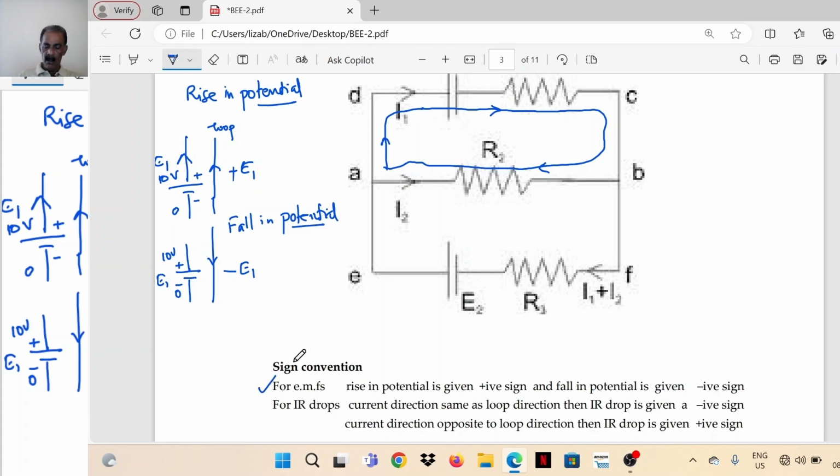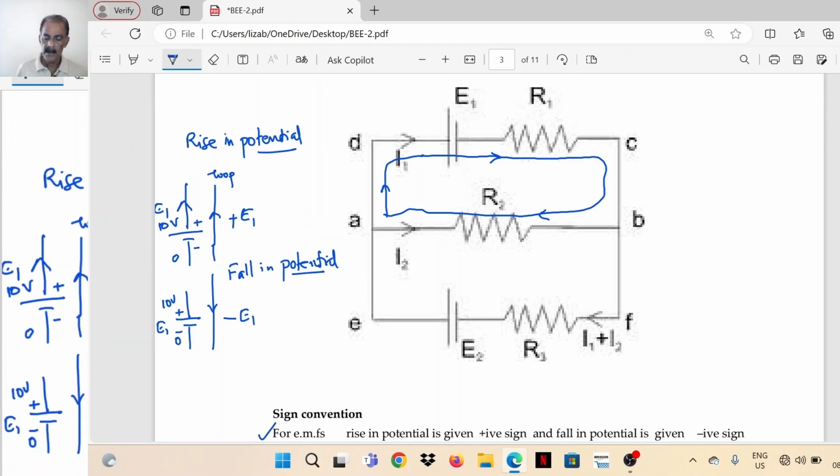And for IR drops, here what are the IR drops? So in the branch DC, a current of I1 is assumed. So I1 is in the direction of the loop. So the IR drop in this case is I1 R1 because the current through resistor R1 is I1. So the product is I1 R1.